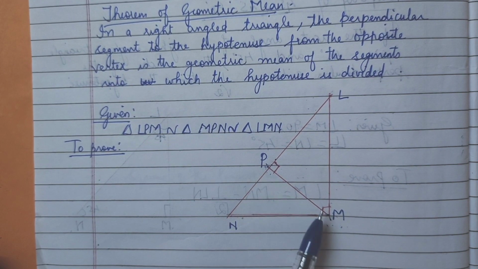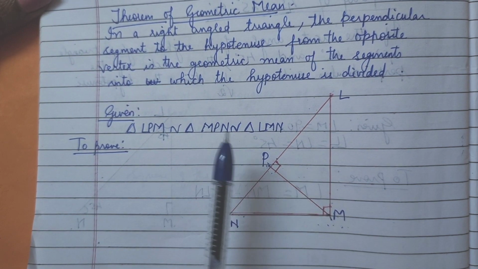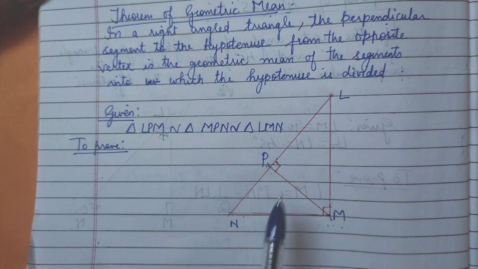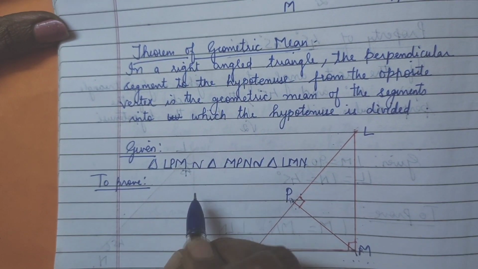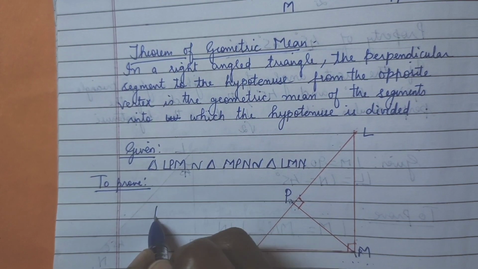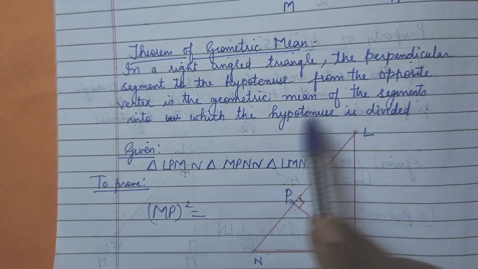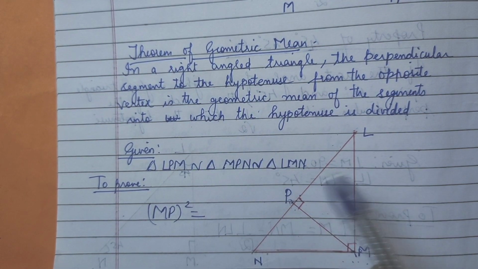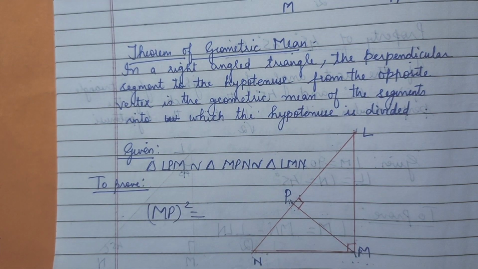So what does the geometric mean theorem say? If we prove it through the proportional sides, we get MP square. Okay, this is the geometric mean. Its square, MP square, is equal to the geometric mean of the segments into which the hypotenuse is divided. The hypotenuse LN is divided into which two parts?